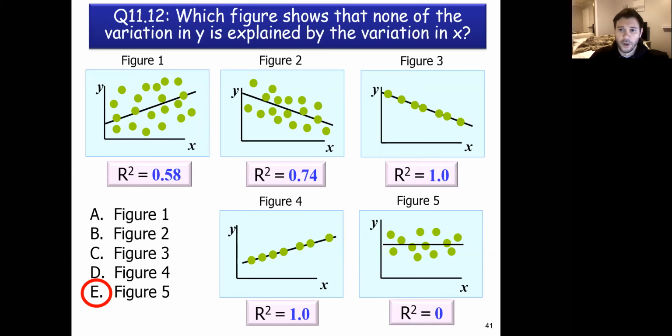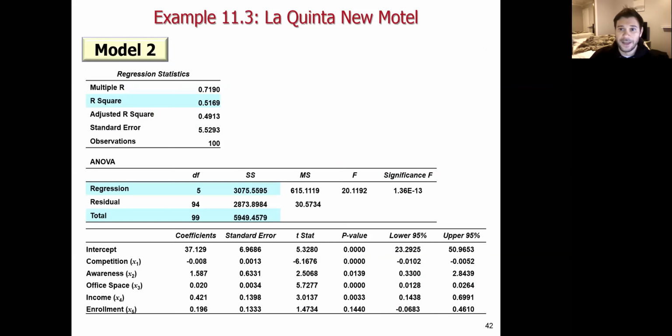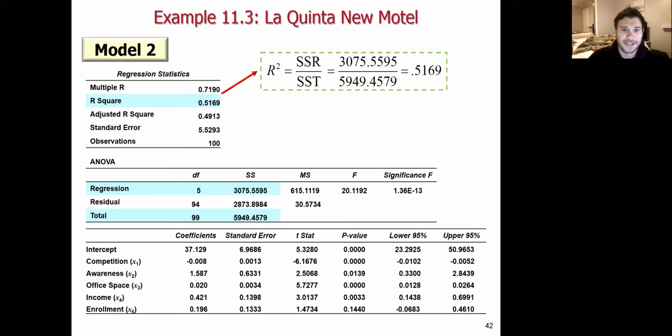Okay, so note that we can come back to our regression output here, and we can take a look now at that R squared, which was equal to SSR over SST, or 1 minus SSE over SST. So we can check that that is indeed the case here. And the way to interpret this is that the X variables in our model, what are those? Well, they were competition, awareness, office space, income, and enrollment.